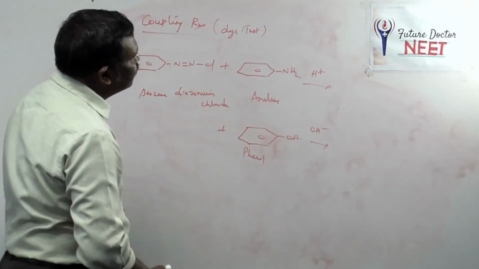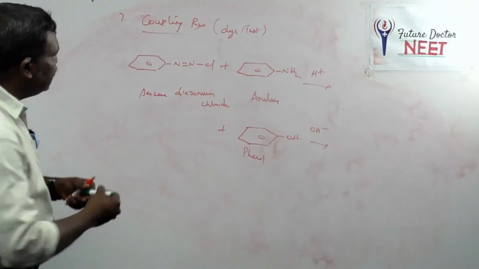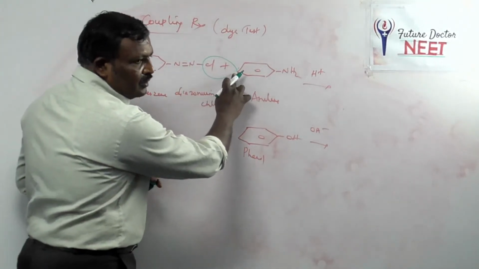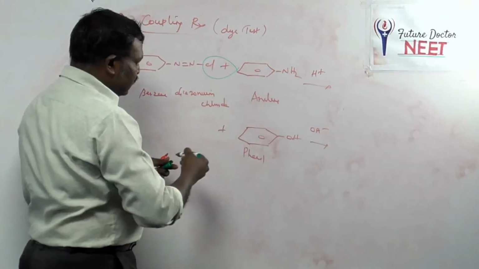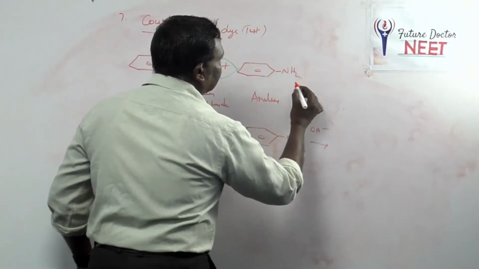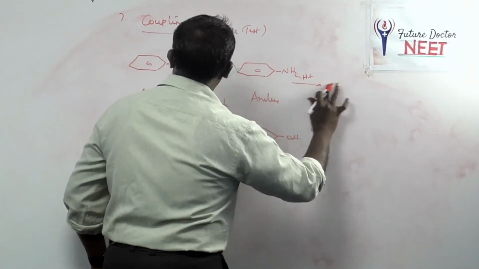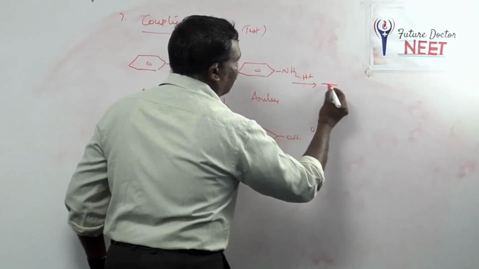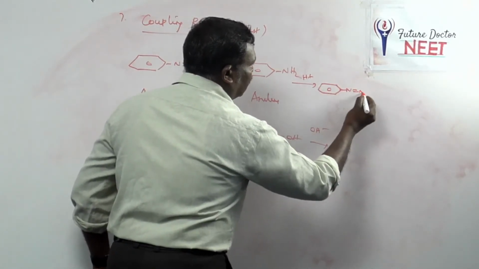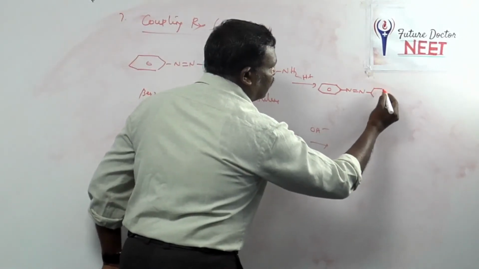What's the product? Tell me. HCl will be removed. Are you following? Here this corner H, here Cl. So the product is what? I'll write it here, plus H plus medium. Now N double bond N. This benzene is bonded to this benzene.